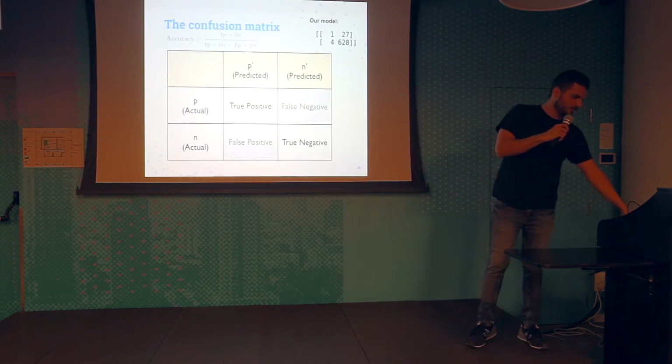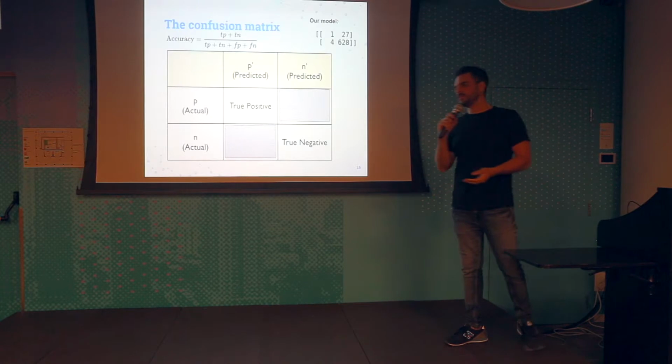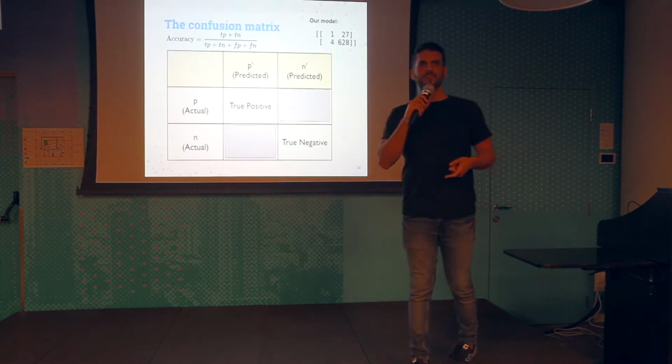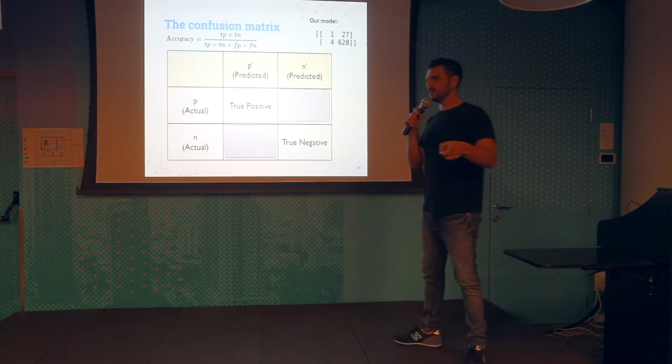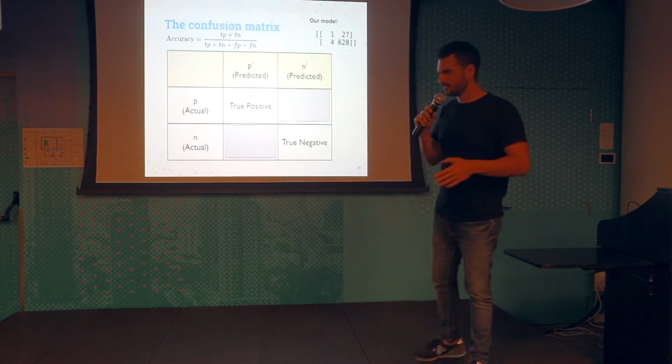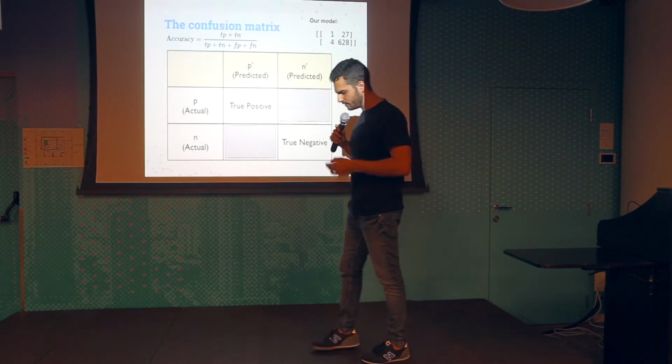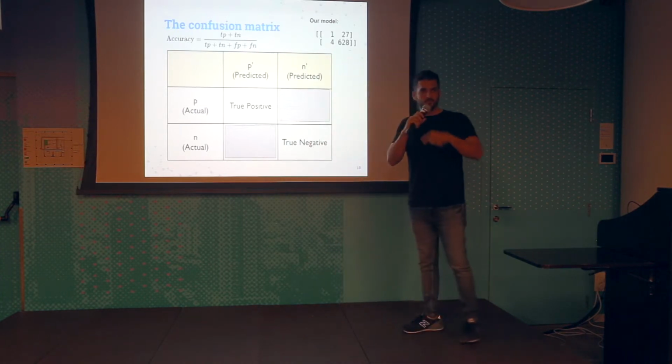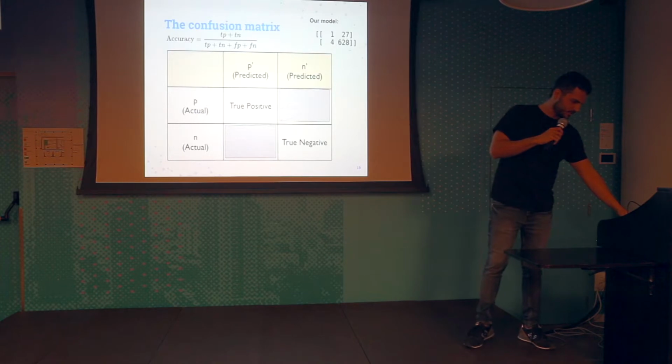And basically what we do here, when we talk about accuracy, we look at the true positive and the true negative rate. That means the positive labels that were actually classified as positive and the negative labels that were actually classified as negative. And we divide them by the whole thing, and that's how we get the accuracy rate.